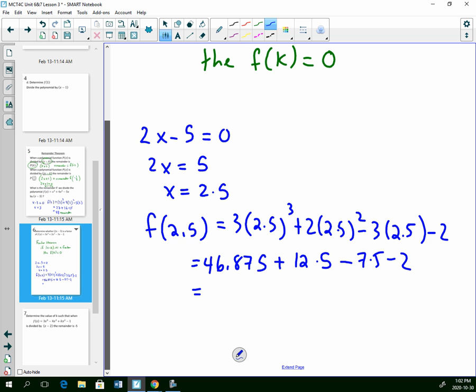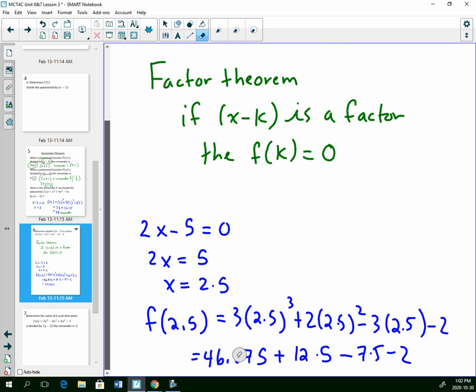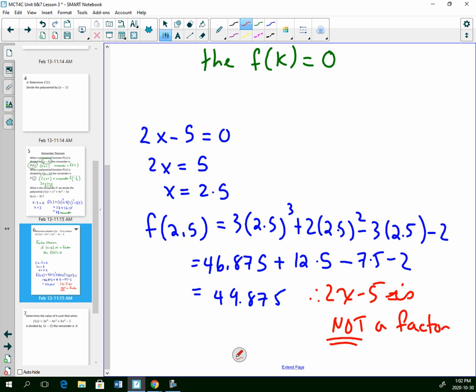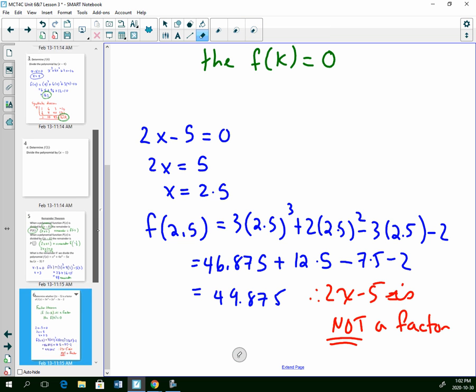And we get, so since I did not get 0, I know that 2x minus 5 is not a factor. Okay, not a factor because I didn't get 0. So that's where it's useful, to find out if it's a factor.